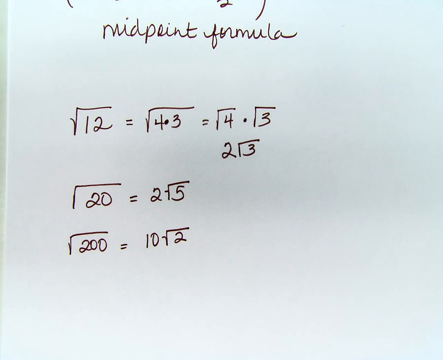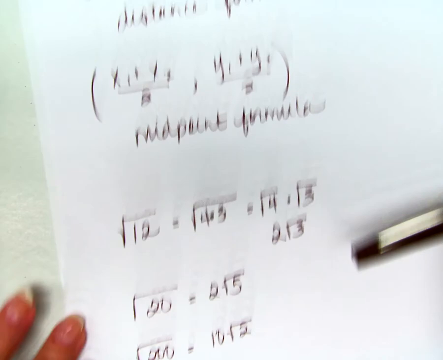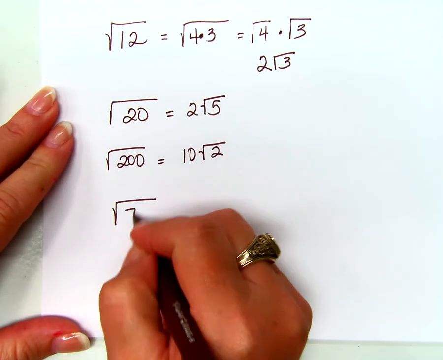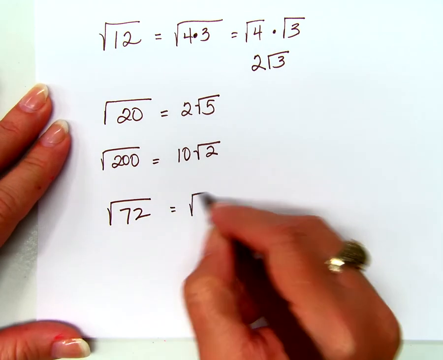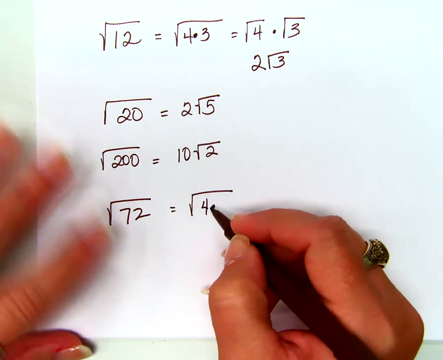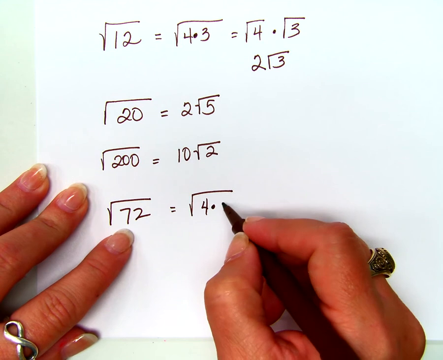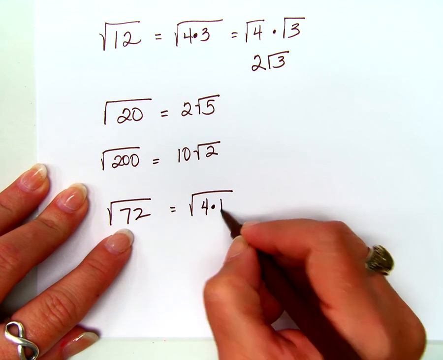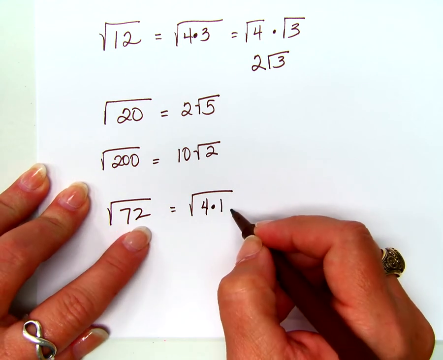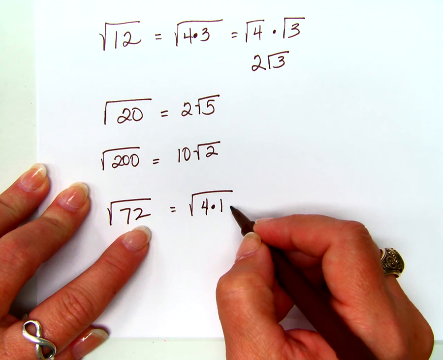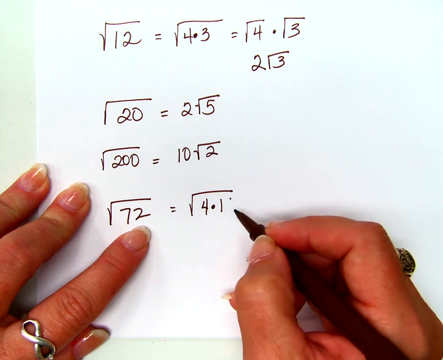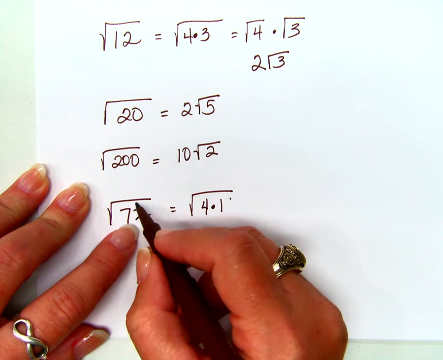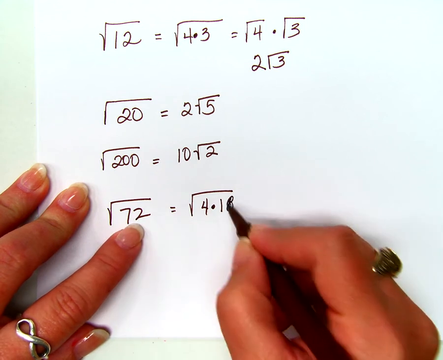Okay. Let me see if I can think of an example. What about if we were doing 72? Well, you know that one is divisible by 4, right? So if I did 4, what would that give me? 18. Okay, if I divide 4 into 7, I get 1, and there's 3 left over, so that would leave me an 8.